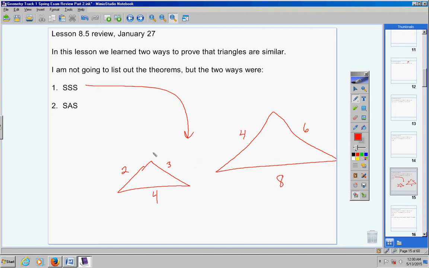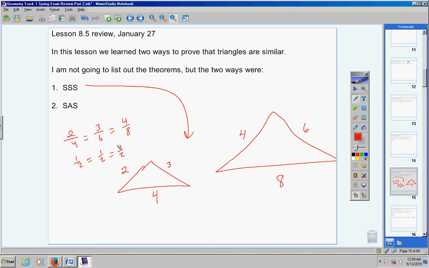Do you see how the three sides here are proportional to the three sides over here? Watch carefully. I can say, well, 2 over 4 equals 3 over 6 equals 4 over 8. And if you reduce all those fractions, you get 1 half equals 1 half equals 1 half.